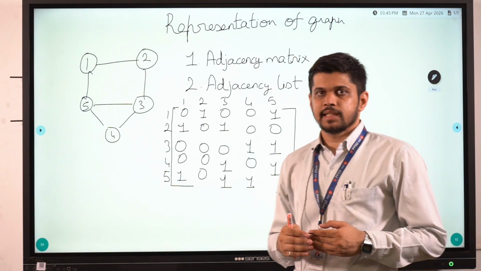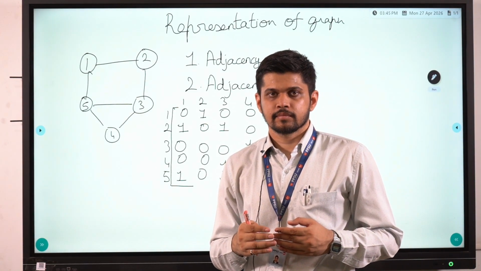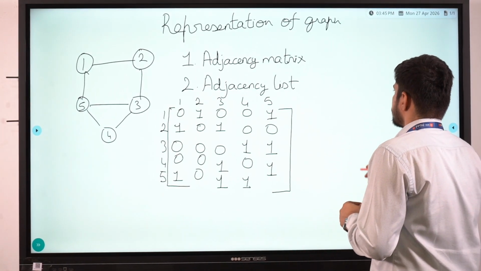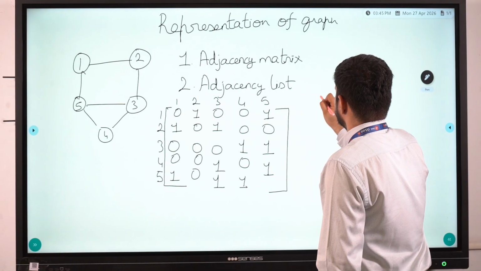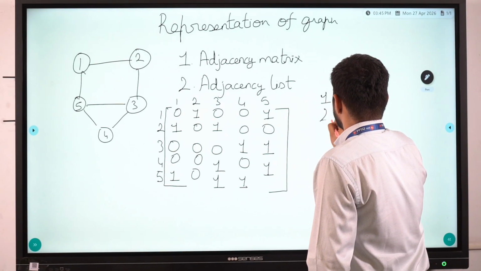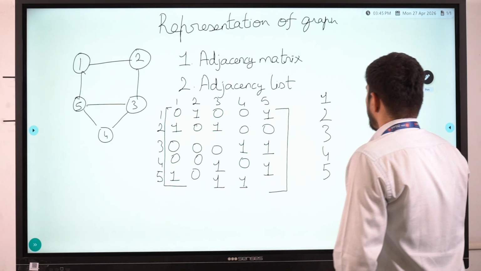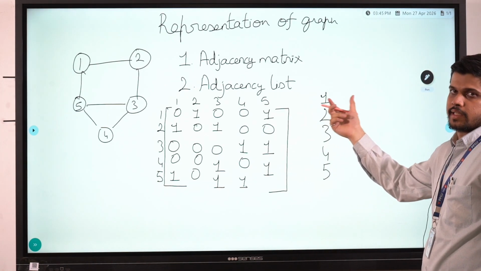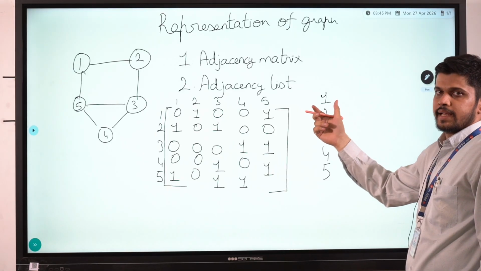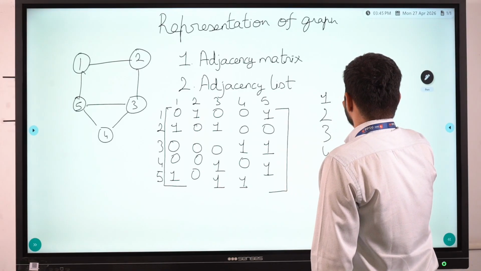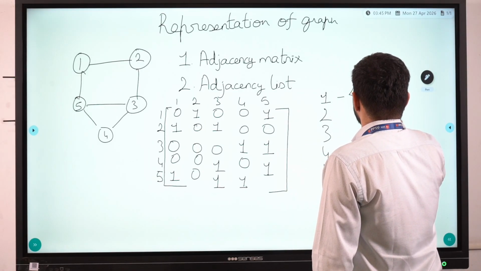As the name suggests, adjacency list is an array of lists. So I will write down the number of nodes 1, 2, 3, 4, 5, and in each of these indices we have a list storing the adjacent nodes. So 1 has 2 and 3, so I will store 2 and 3.